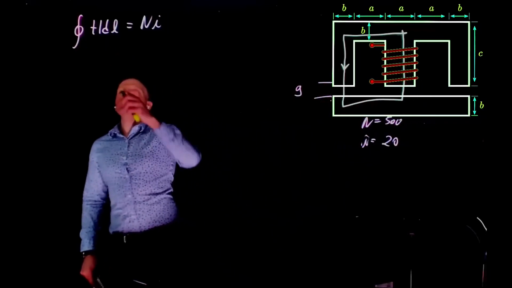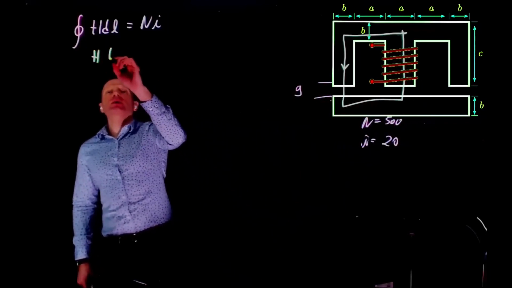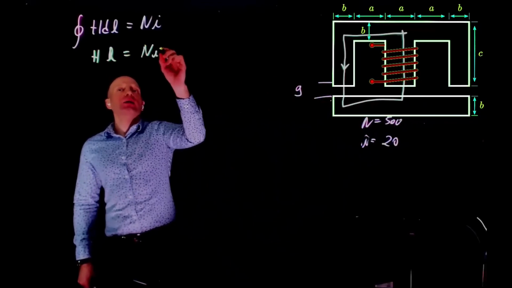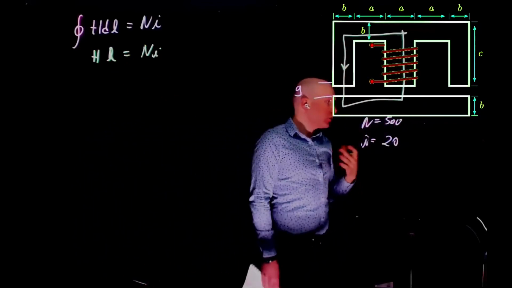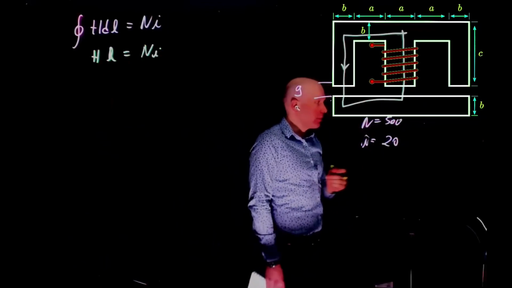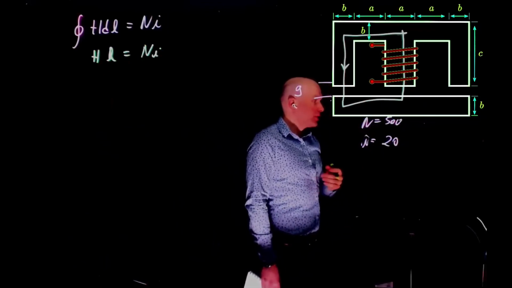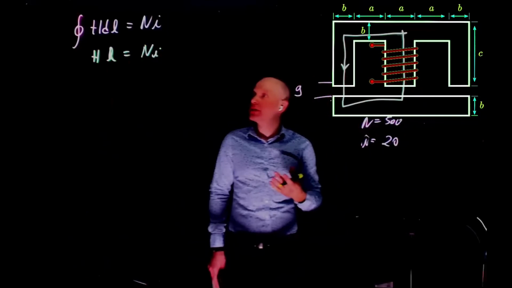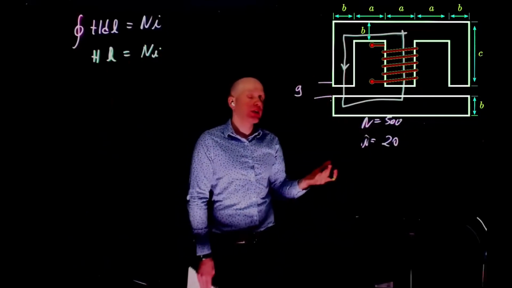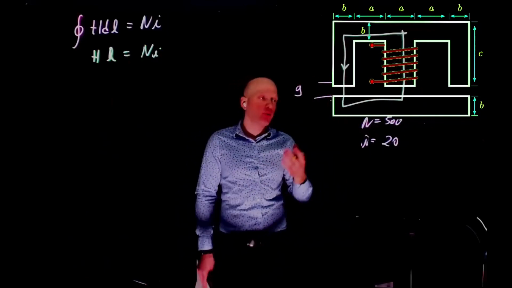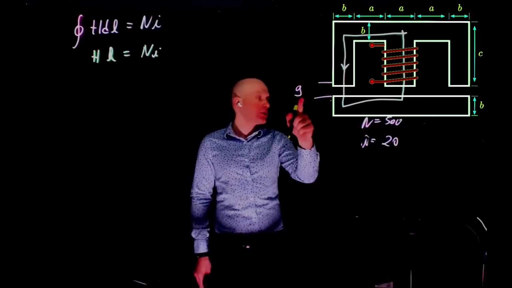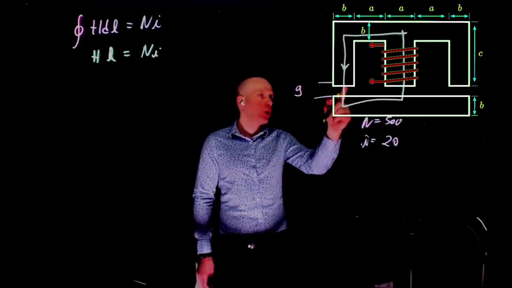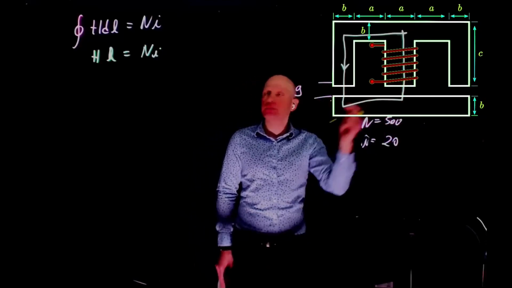All right, so this we can rewrite as HL equals Ni, where L is this path. What is the length of that path? Because we neglected the ferromagnetic material, we said that it has negligible reluctance. It offers no resistance to the establishment of a magnetic field, and therefore it doesn't need to be taken into account. The only thing we need to cross is 2 times G, one going down, one going up.